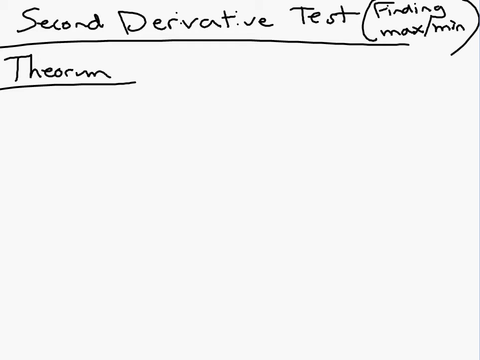So we have a theorem here. Here's our theorem. If f prime of c equals 0. Now let's stop right there. Do you remember what we called those? Begins with a C? Critical points. Okay? So you find your critical points first, right?